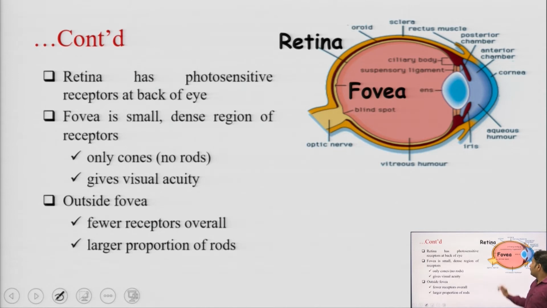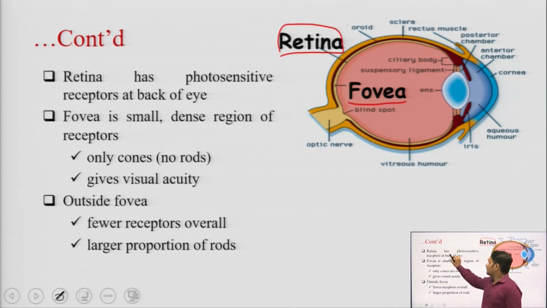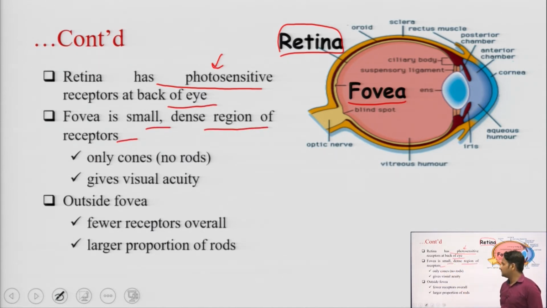So, the fovea and retina are playing a very important role in forming an image. That is why we are talking about the physical aspect of the human eye. The retina has photosensitive receptors at the back of the eye, the fovea is a small dense region of receptors, only cones are there, there are no rods present, and it provides us visual acuity.